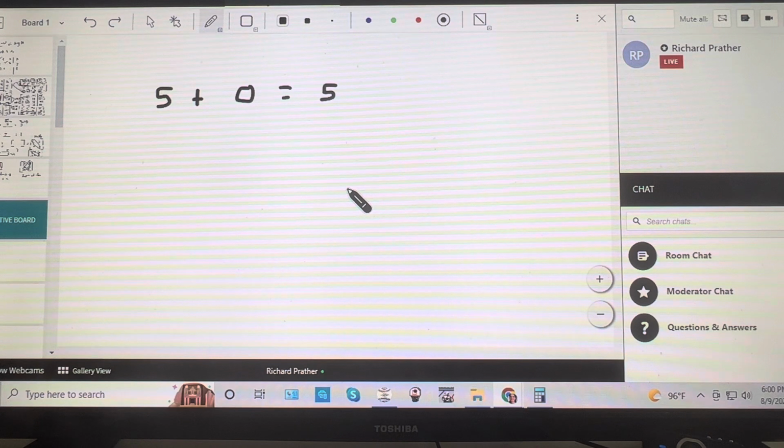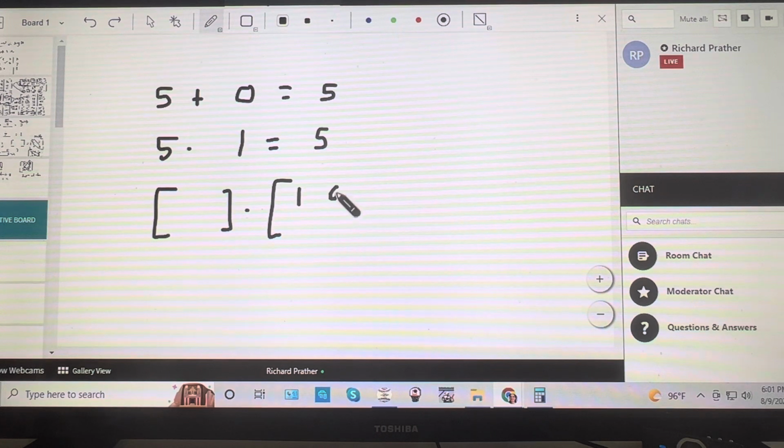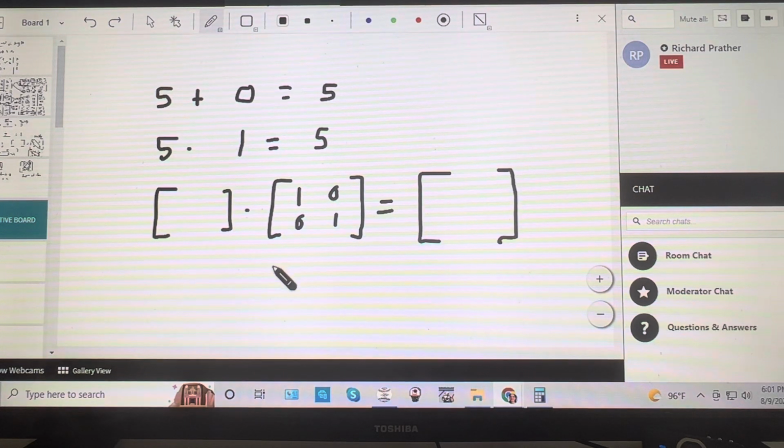So 0 is the identity of addition because anything plus 0 is itself. 1 is the identity of multiplication because anything times 1 is itself. So a matrix, if it's 2 by 2 and you multiply by 1, 0, 0, 1, it will equal itself. Or if it's 3 by 3 and you multiply by 1, 0, 0, 0, 1, 0, 0, 0, 1, it'll equal itself.